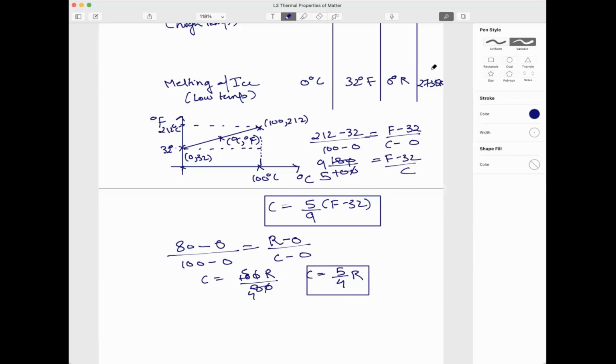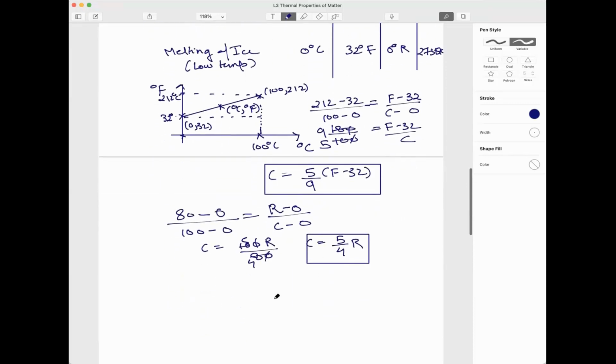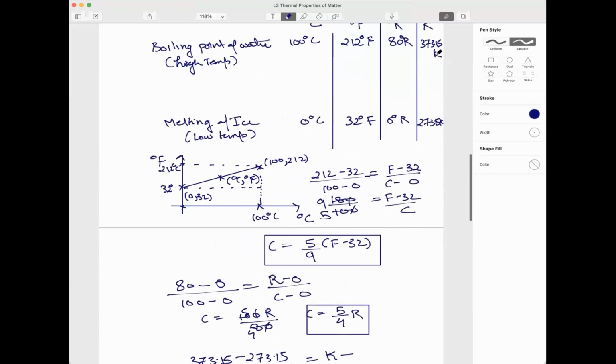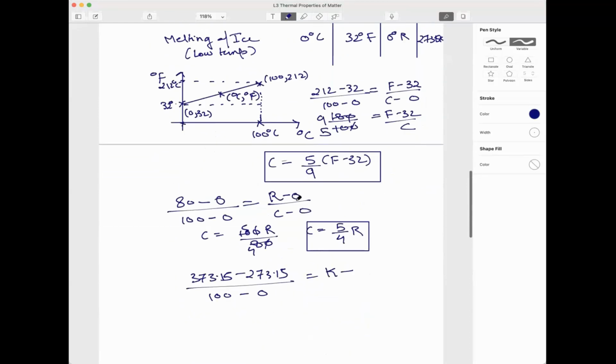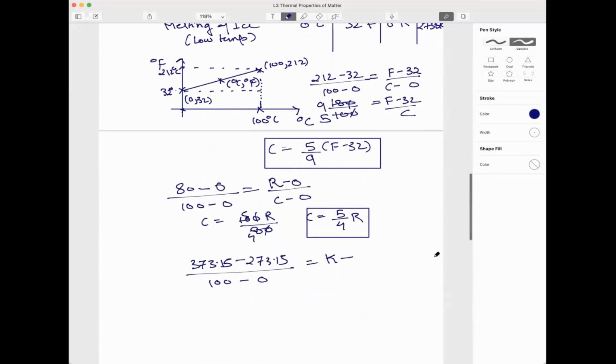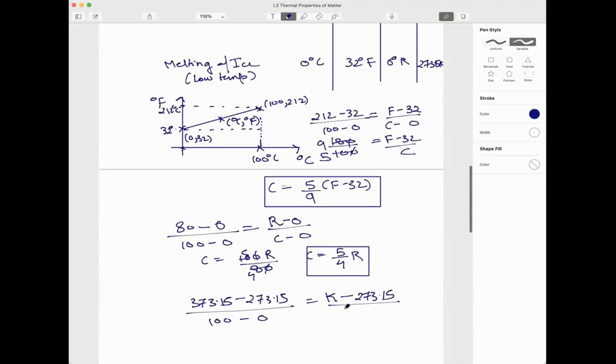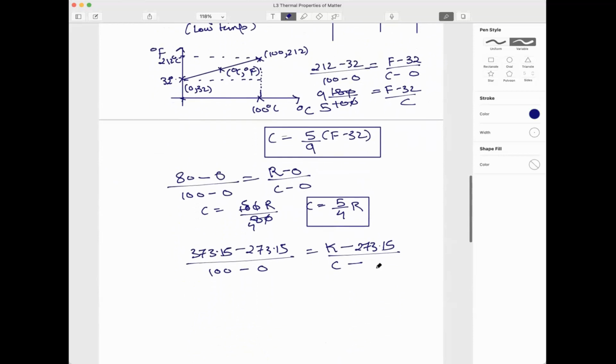Now let's take another, let's take this Kelvin. So Kelvin is 373.15 minus 273.15, that is the boiling point minus melting point, divided by 100 minus 0, is equal to K minus its melting point, 273.15, divided by C minus 0.